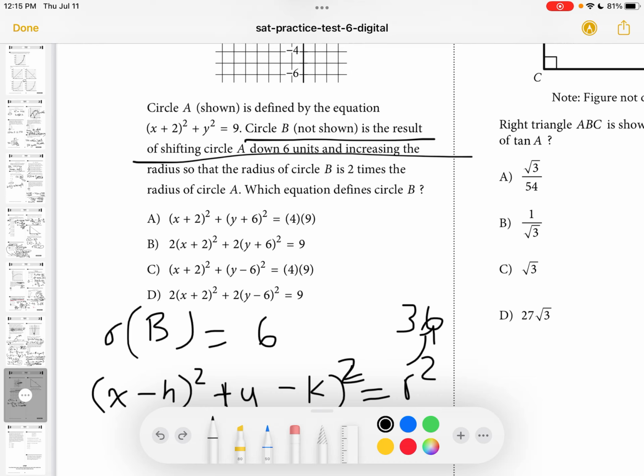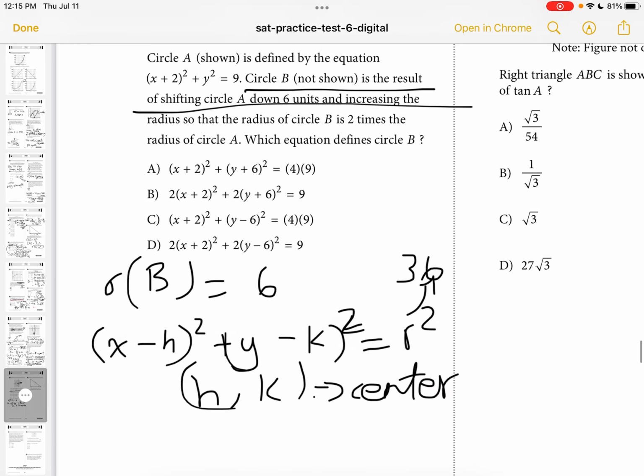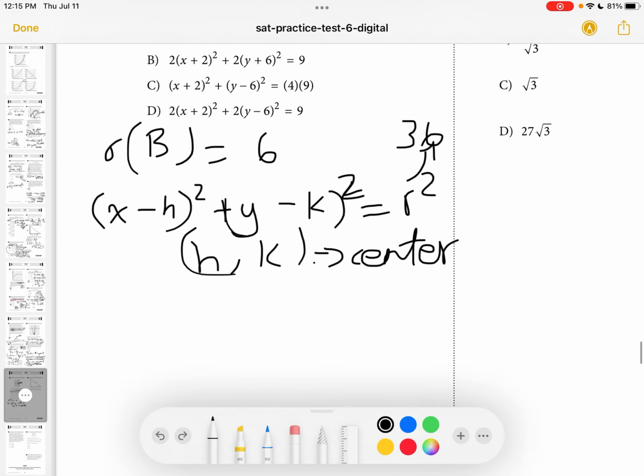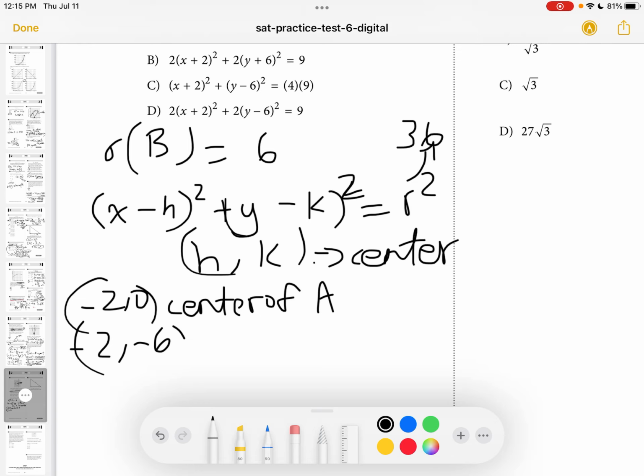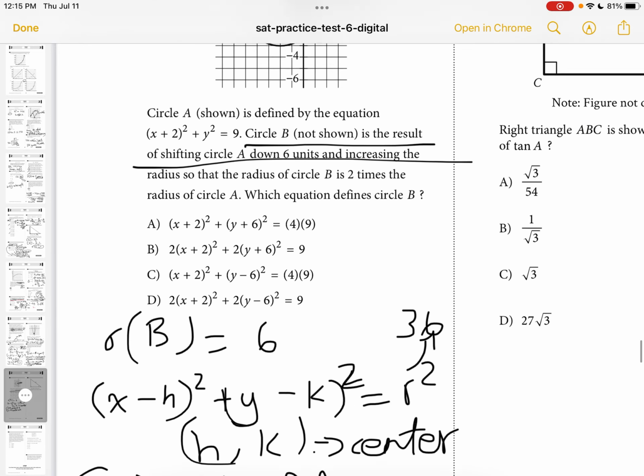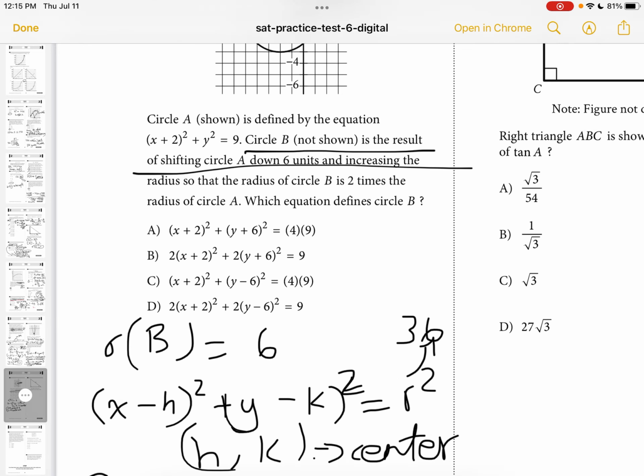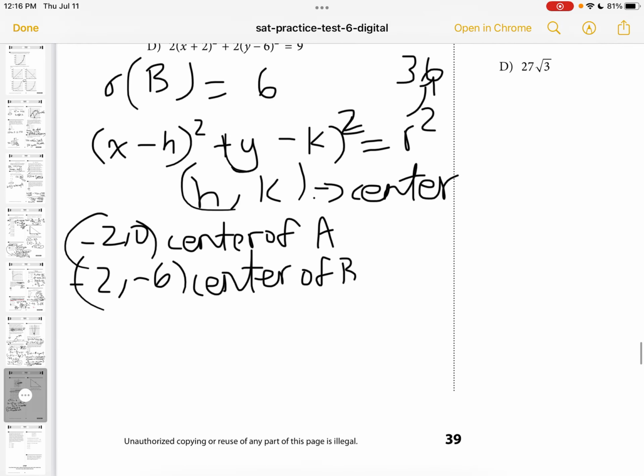We're told that circle B is the result of shifting circle A down 6 units. Which means if (−2, 0) was the center of circle A, (−2, −6) is the center of B, because we're shifting the whole circle down 6 units, so the center also goes down 6 units.